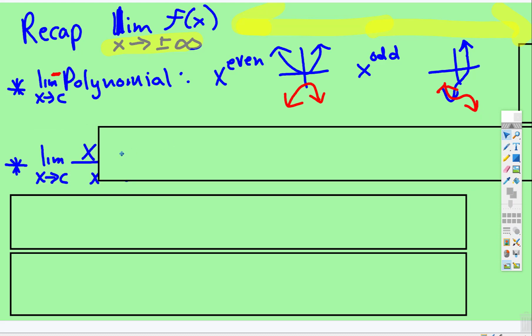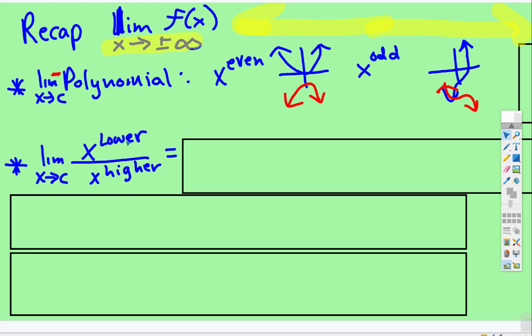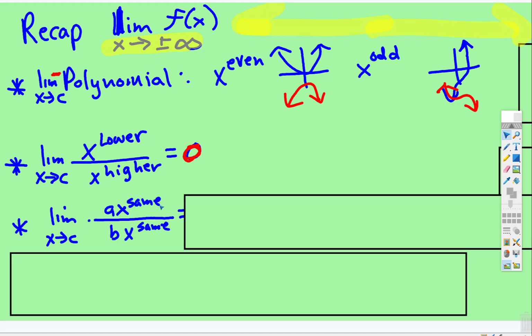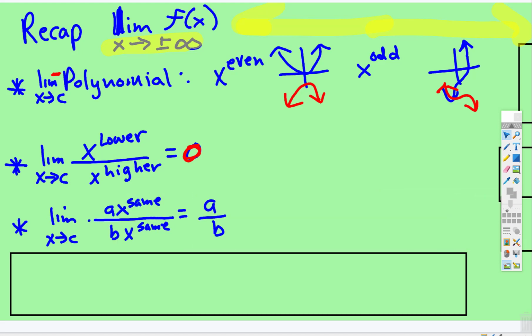Then for rational functions, when the degree in the numerator is lower than the degree in the denominator, your limit will always equal 0. When the degrees are the same in the numerator and the denominator for the highest exponent, you look at the coefficients attached to those two, and that's what the answer will be.